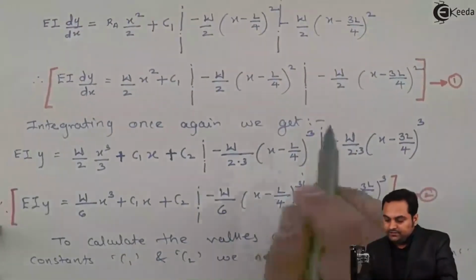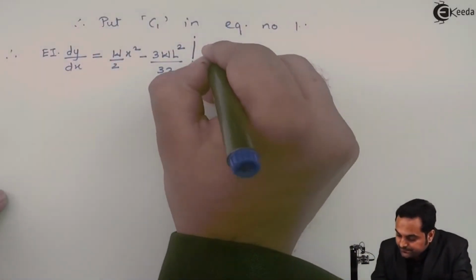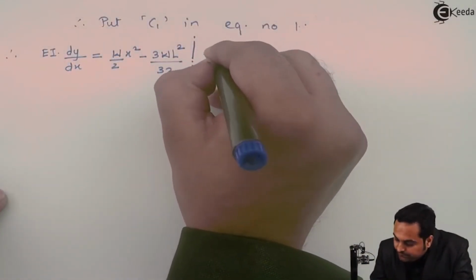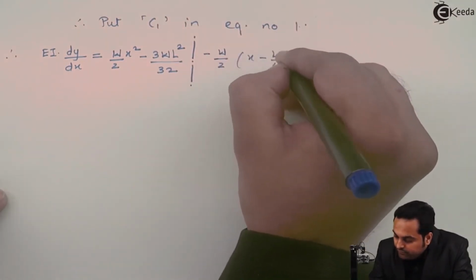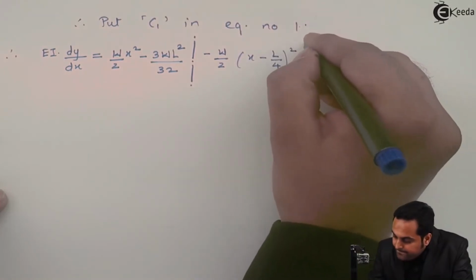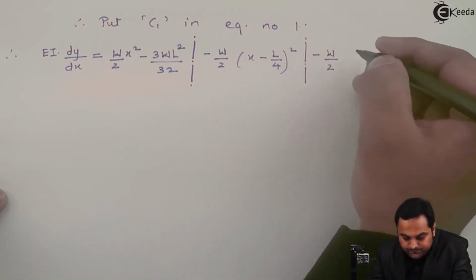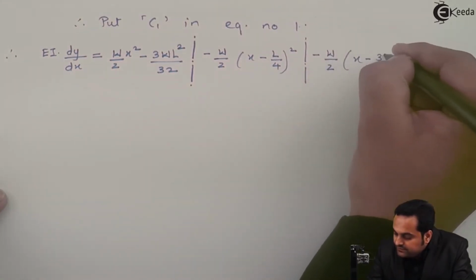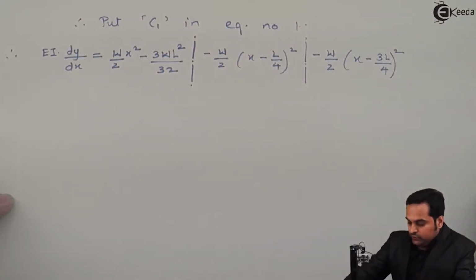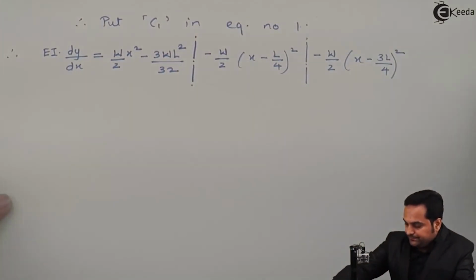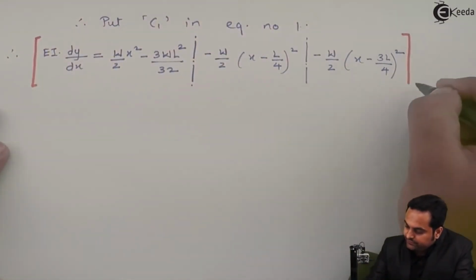Next, I'll just copy these terms as it is. So minus W by 2 into x minus L by 4 square, minus W by 2 x minus 3L by 4 whole square. So here is the equation, which is equation number 3rd.